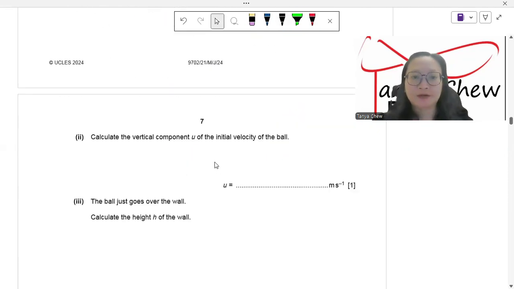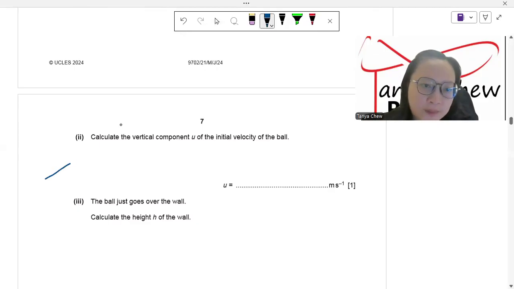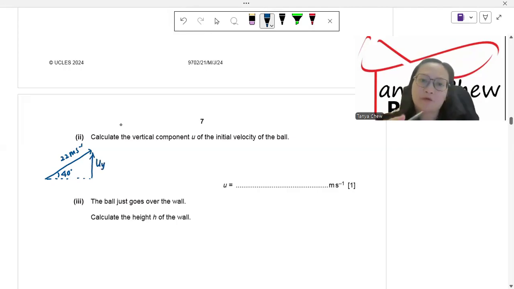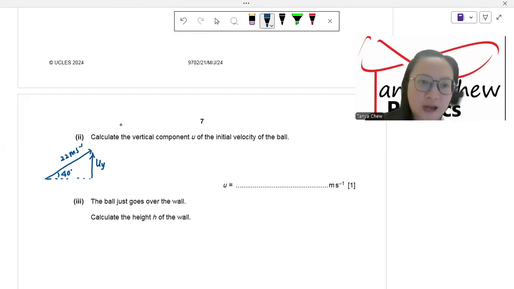The next one: calculate the vertical component u of the initial velocity of the ball. Since I redrew this, I have 22 meters per second acting here, and this is my 40 degrees. I have to calculate the vertical component of the initial velocity of the ball, so you use sine theta.